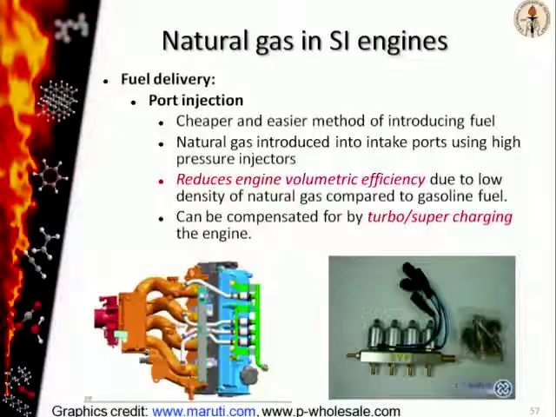The reason why you lose volumetric efficiency is that since natural gas is in the gaseous form, when you inject it into the intake port, it displaces some amount of air that would otherwise have gone inside the engine. So the engine is actually receiving a smaller amount of air than it ideally expects, so there's a drop in volumetric efficiency.